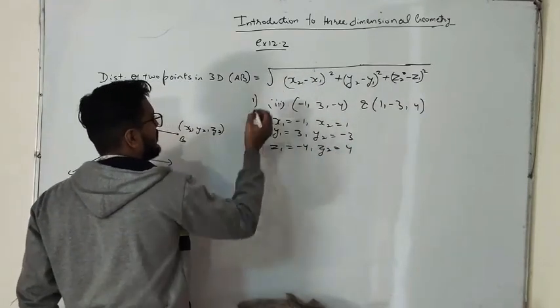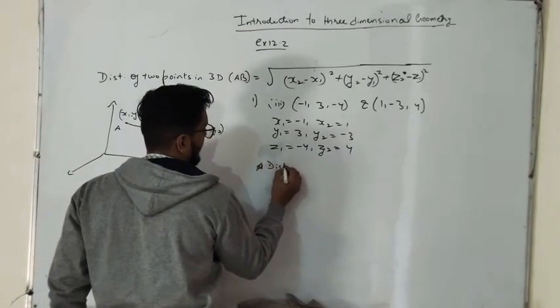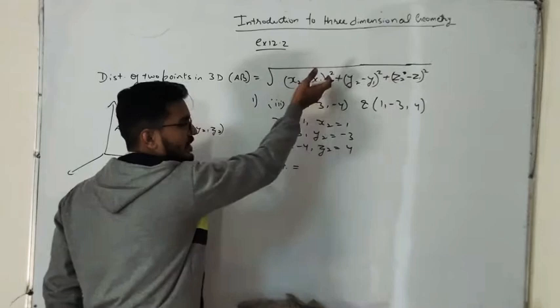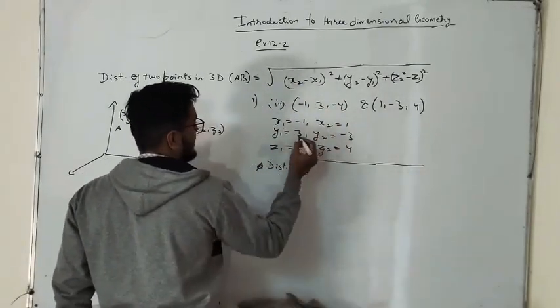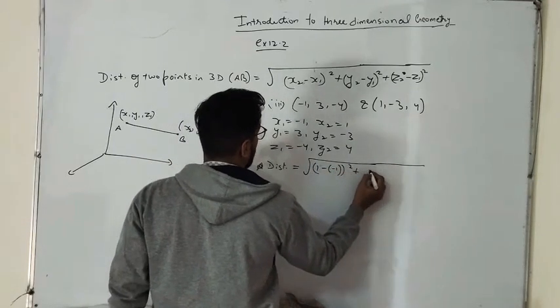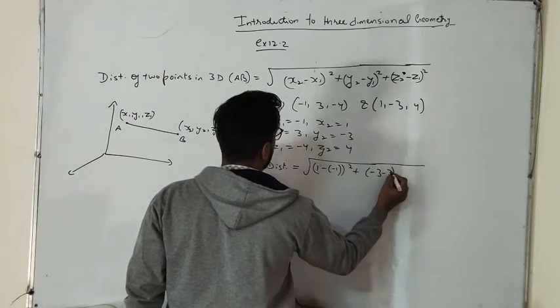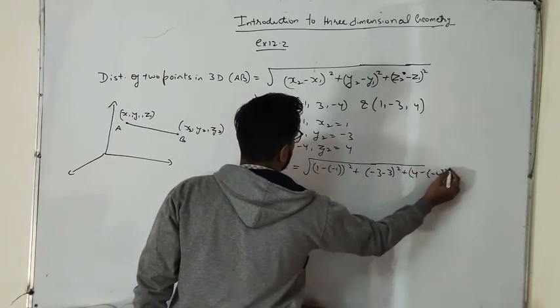So for the distance between 2 points, you have to write the same formula again. I am doing it directly. So x2 minus x1, so (1 minus -1) whole square plus (-3 minus 3, that is -6) whole square plus (4 minus -4) whole square.